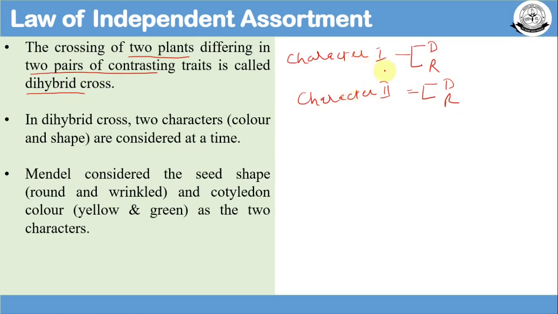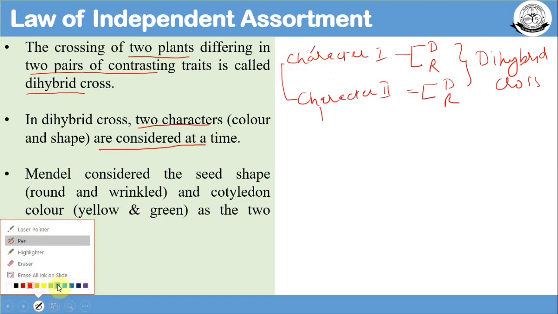So when we cross these two characters possessing plants, that will be considered a dihybrid cross. So two characters are considered at a time, character 1 and character 2. In the book, the example is about the color and shape of the seed.